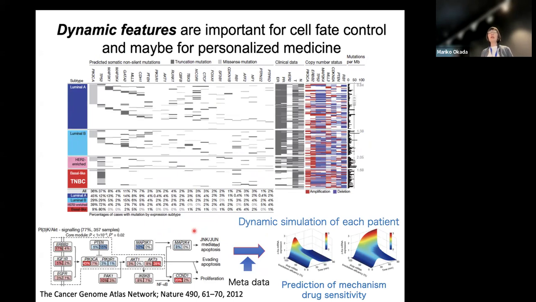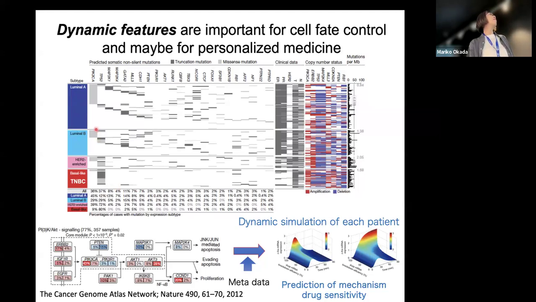Even though we studied such a cell system using a cancer cell line, in the real world there is a lot of variation in cancer patients, and also in the data. This is an example of the breast cancer subtypes.